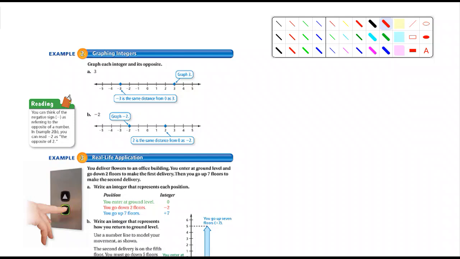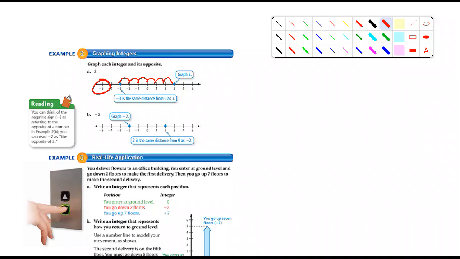So take a look here. 1, 2, 3. Negative 3 is 3 from 0 on the number line. Just like if I was to ask you how far 3 is from 0, the answer is 3. 1, 2, 3. Now, if I was to ask somebody, how far is negative 5 from 0 on the number line?